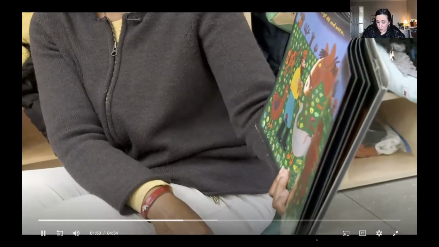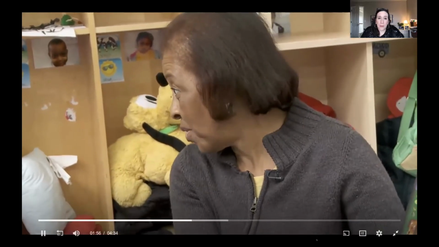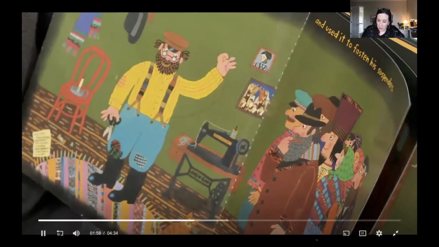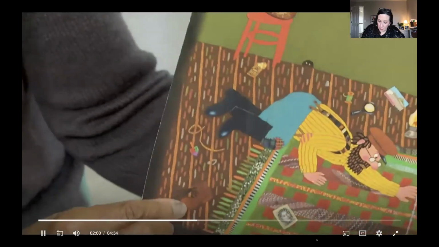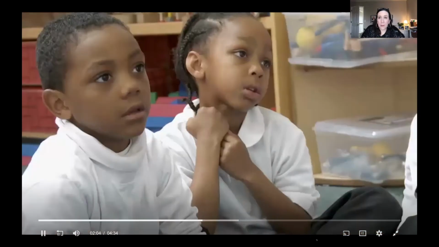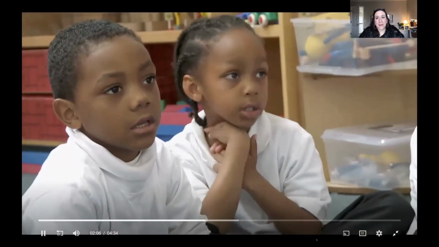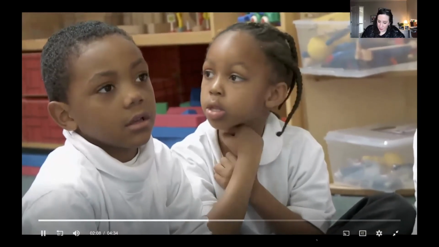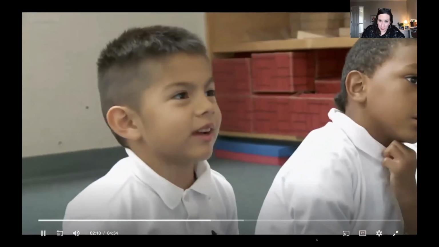Joseph had a little necktie. It got old and worn. And then Joseph had a little button. One day, he lost it. And then he made a story of it.